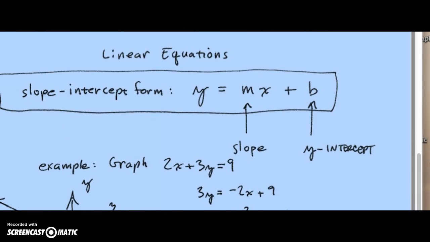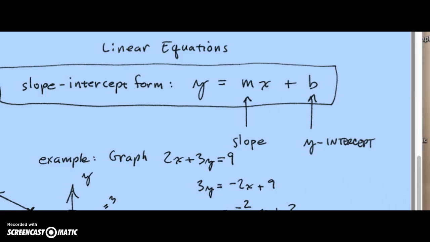Okay, so let's talk about forms of linear equations then. The slope-intercept form, I'm hoping you remember, is y equals mx plus b.